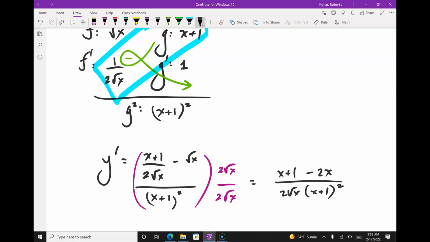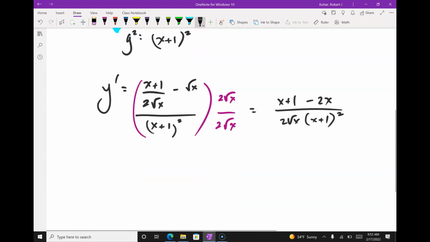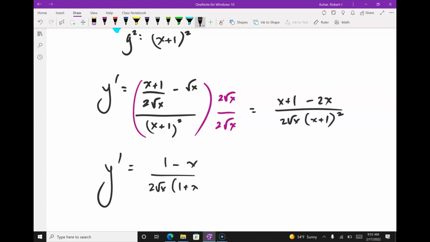Agreed? So it looks like I get 1 minus x upstairs. And that's nice, that's factored, that's what I want. I want something completely factored. Kind of an understood set of parens upstairs.